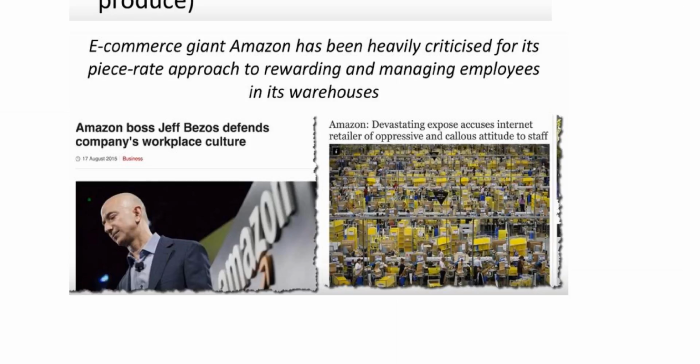Amazon devastating exposé accuses the internet retailer of oppressive and callous attitudes to staff. Now I know from reading other articles, they expected their workers to pick a certain amount every single day, and this was calculated and monitored, and if they didn't, they would be penalised for it.